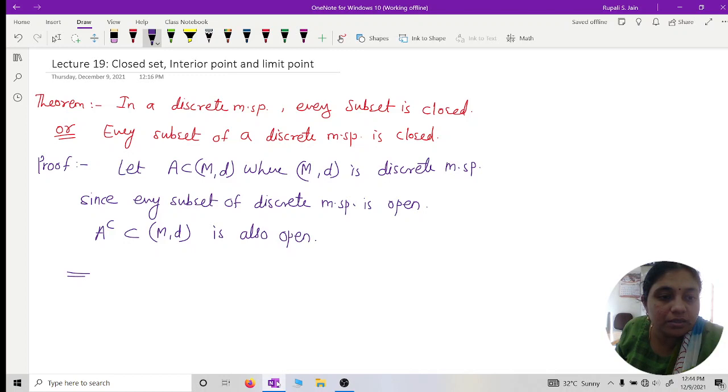So this implies A must be closed. A is a closed set. Okay. So now the next theorem.